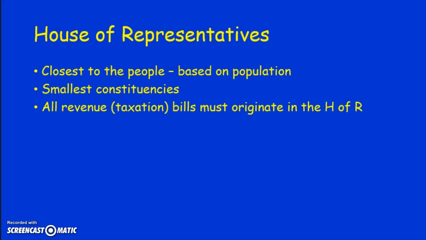Congressmen have the smallest constituencies compared to senators. Congressmen have their districts, but then the 2 senators for the state have the entire state as their district or as their constituency. All revenue or taxation bills must originate in the House of Representatives.